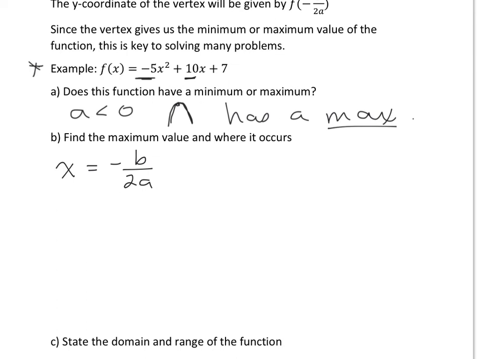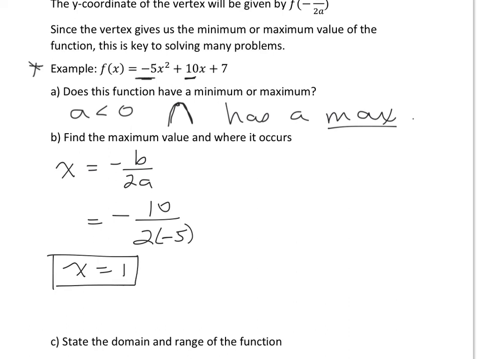There's my b, and the a is negative 5, so it'll be negative 10 over 2 times negative 5. So we have negative 10 over negative 10, which will give us x equals 1. So there's the x-coordinate of the vertex.